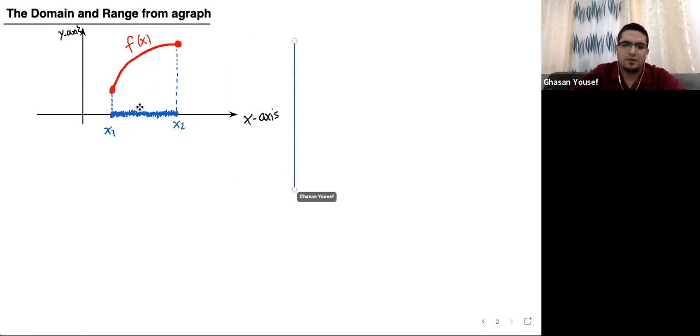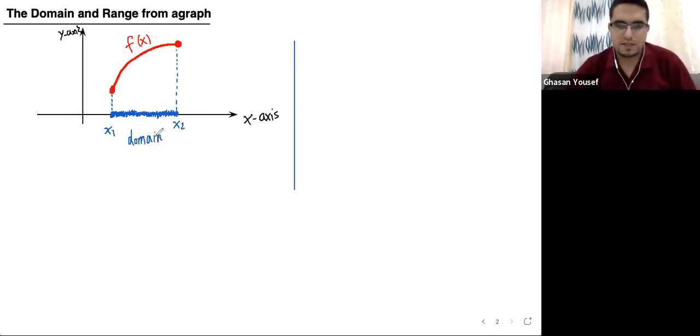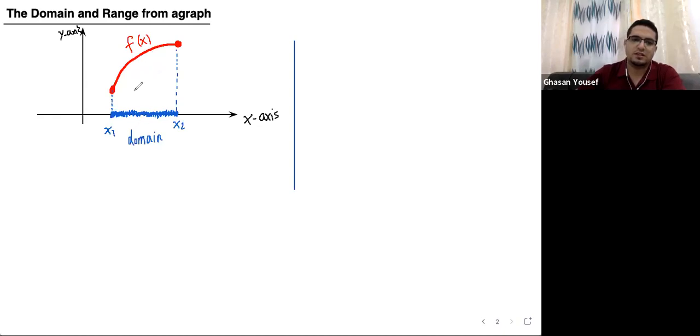So the domain of this function is this blue interval. This is my domain. The x values, all x values which make the function defined. As we see in the graph, all these x values starting from this point, ending at this point, and all values in between are used to make the function defined.